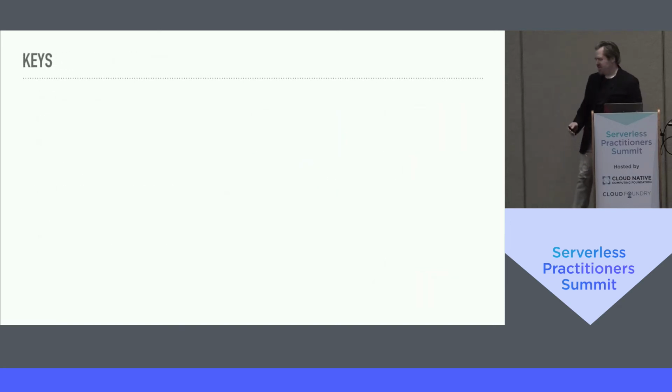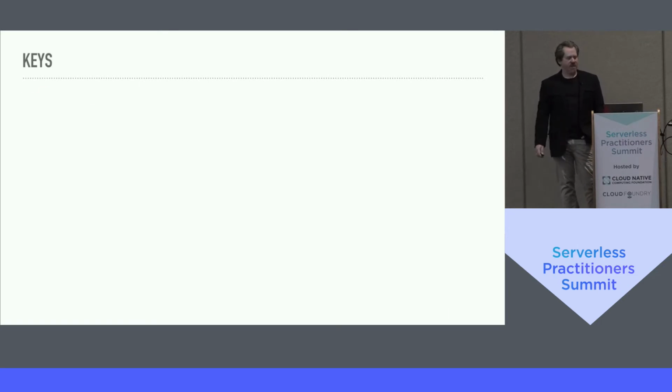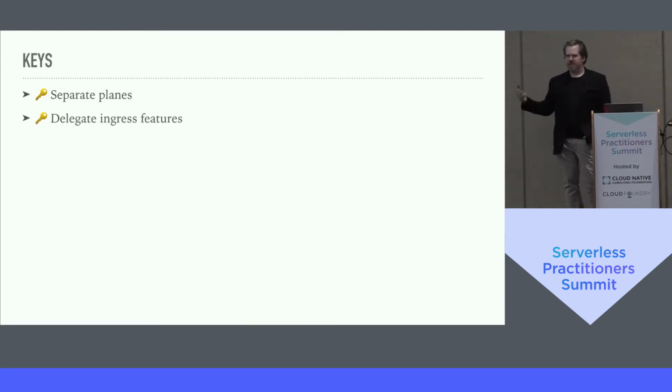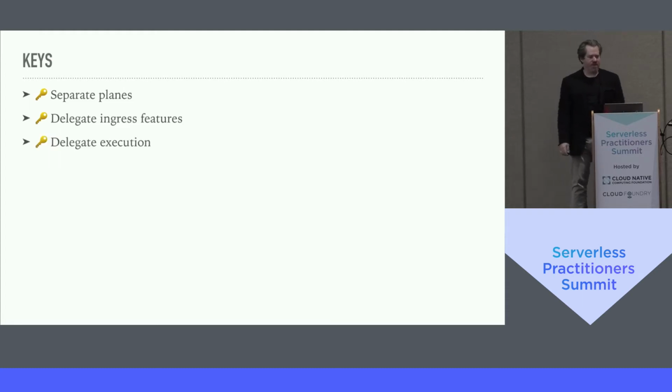If we go back to thinking about the different technologies and how we can apply those, one of the keys is separating these planes in OpenWhisk, getting away from having a central place where both the data plane and the control plane have to flow through. We also want to be able to delegate the ingress features, taking some of these features out of the controller and leveling them up into the ingress gateway. We want to be able to delegate execution.